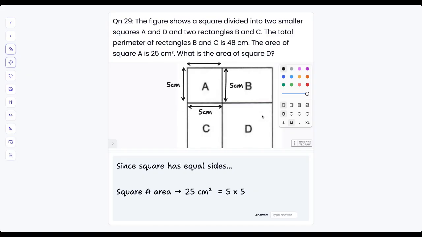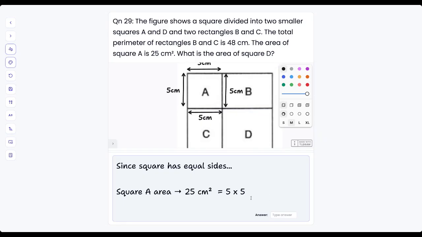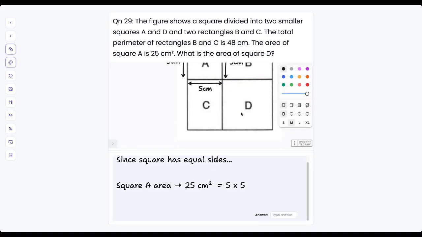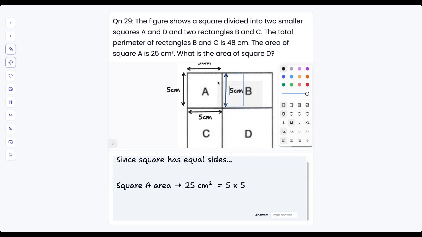So that means if I were to just do here, we also know that this is 5 centimeters, and this is also 5 centimeters. That's what you see over here.